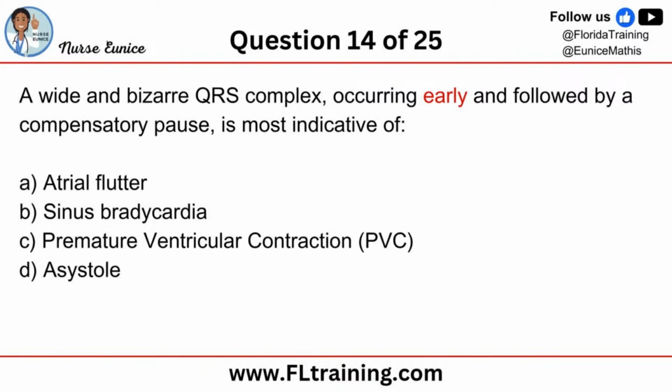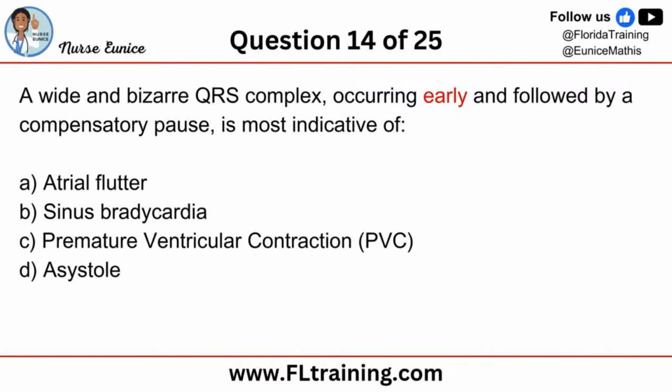Question number 14. A wide and bizarre QRS complex. If it's wide and bizarre, is it generating from the atrium or from the ventricles? Let's go back and read this one again. A wide and bizarre QRS complex occurring early and followed by a compensatory pause is most indicative of, this is something new, we haven't talked about this.